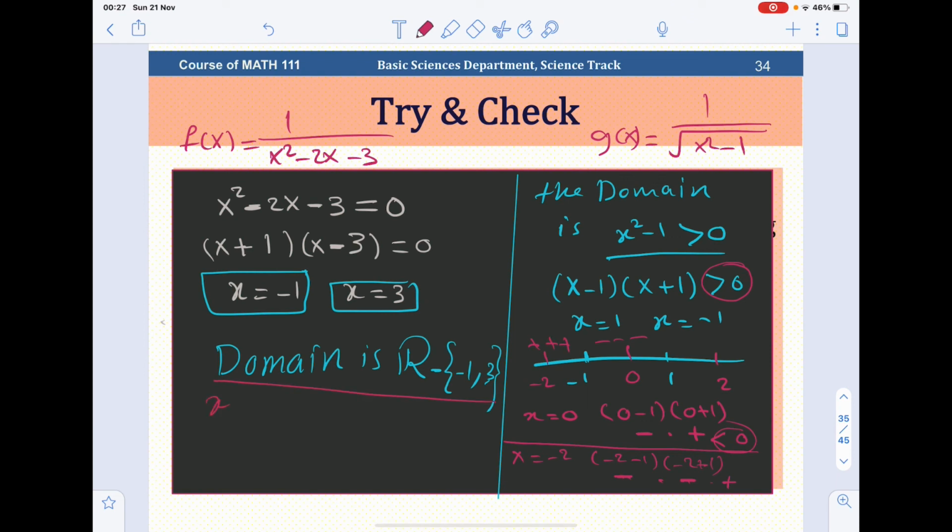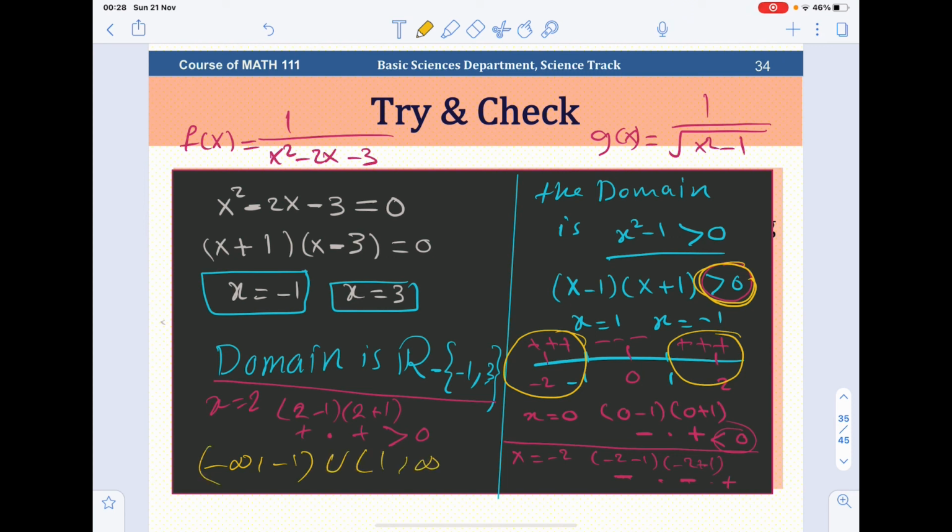Also when x equals 2, I would have 2 minus 1 times 2 plus 1. 2 minus 1 is positive, 2 plus 1 is positive, and positive times positive is also positive, or more than 0. So the value over here would be positive also. Since we need more than 0, I'm going to pick this interval and this interval. So the answer would be from negative infinity to negative 1 open, union from 1 to infinity open. This is the domain.